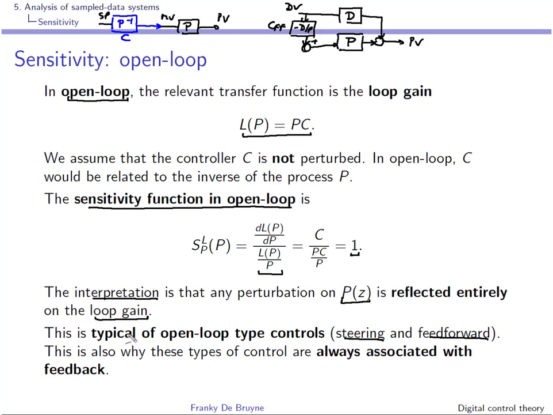This is the negative side of these types of control, steering and feed forward, and this is why you always see this type of control associated with a feedback. In addition, you will have, for instance, a PI controller that will work together with the feed forward in order to reject this disturbance.